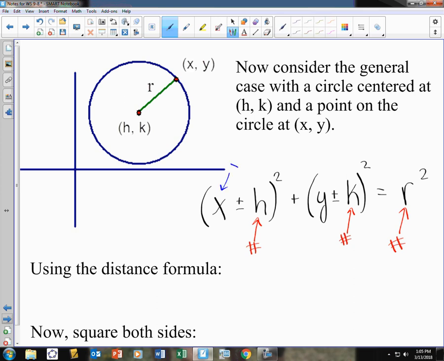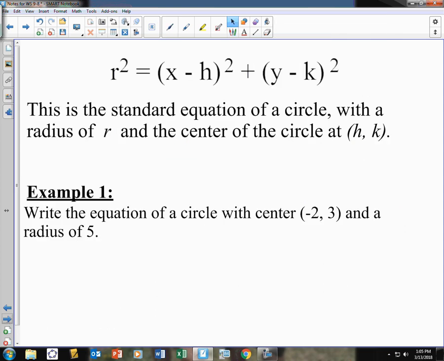So this stays x, and this right here stays y. And so then that is the equation of our circle. And here it is again, all written out, where the radius squared is equal to (x minus h) quantity squared plus (y minus k) quantity squared.